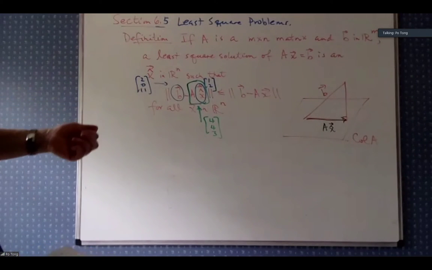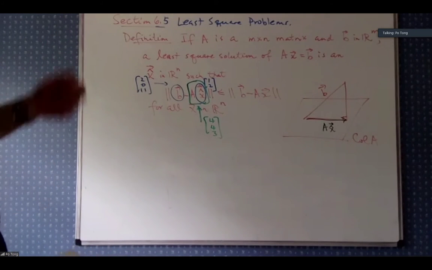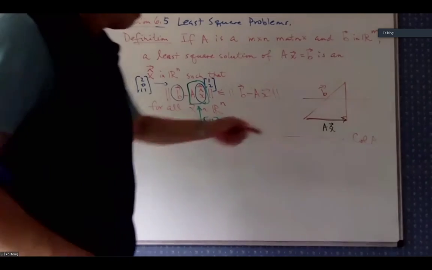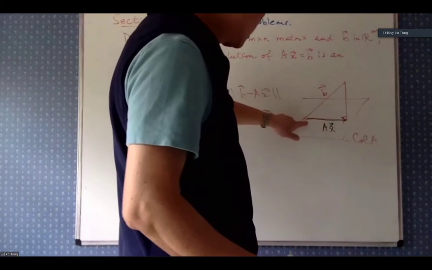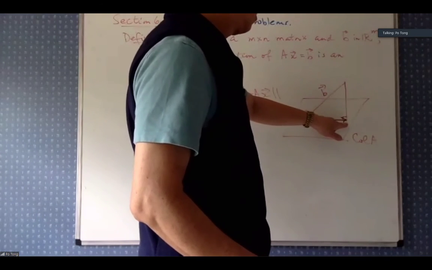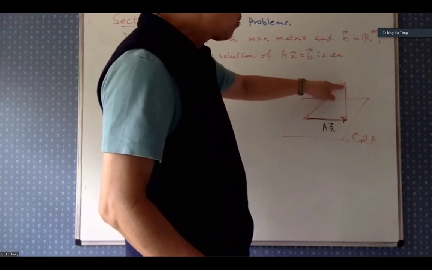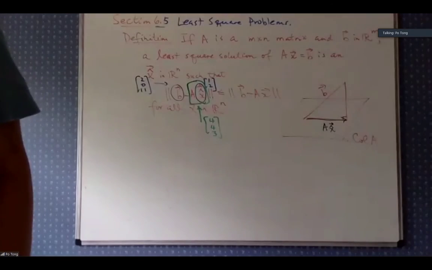So that X hat is called the least squares solution. Least squares solution means that AX hat is the vector in the column space so that this distance is the smallest. This distance eventually will represent your error in your approximation, in your regression analysis.